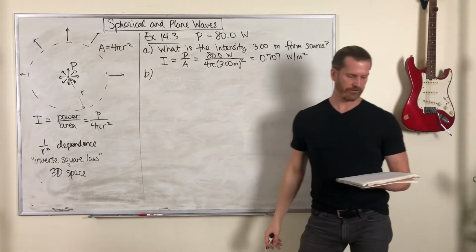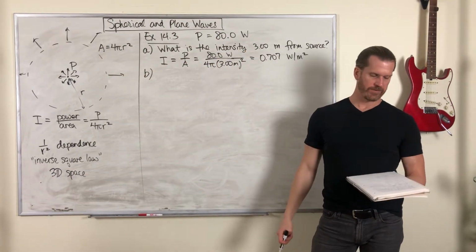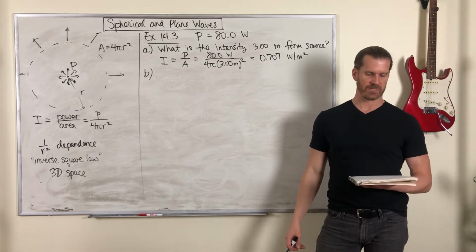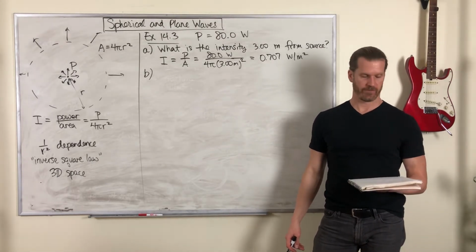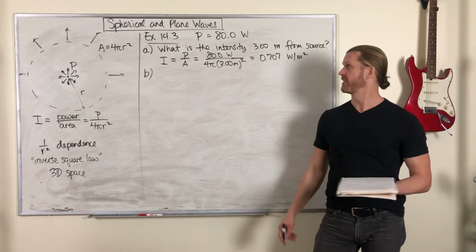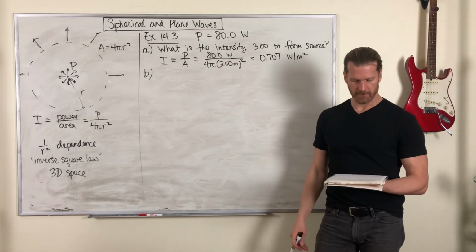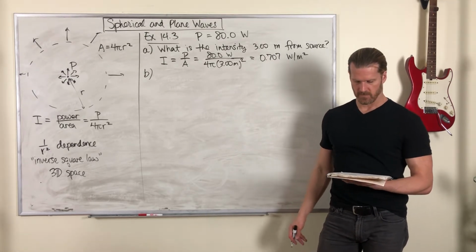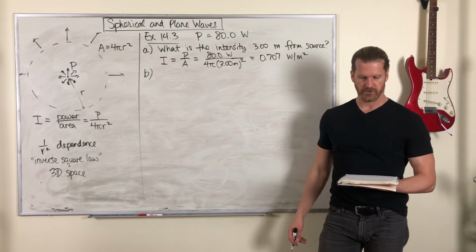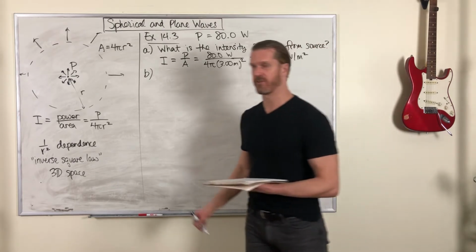Now, maybe a more interesting question would be, at what distance would the intensity be 1/4 as much as it is at 3 meters? And you can do this the hard way or the easy way.